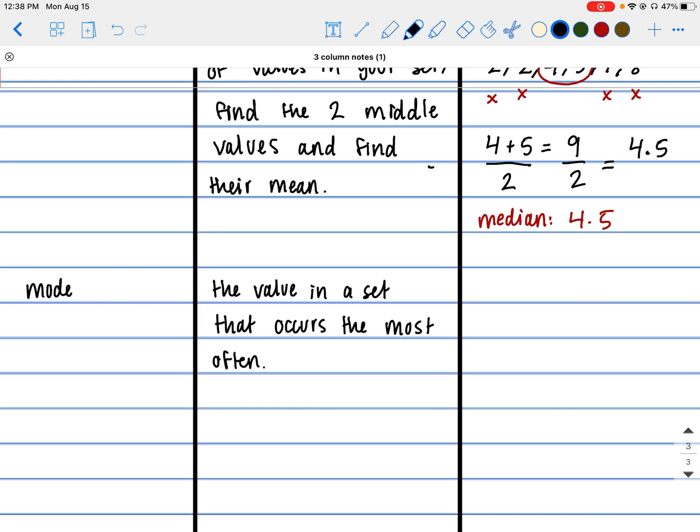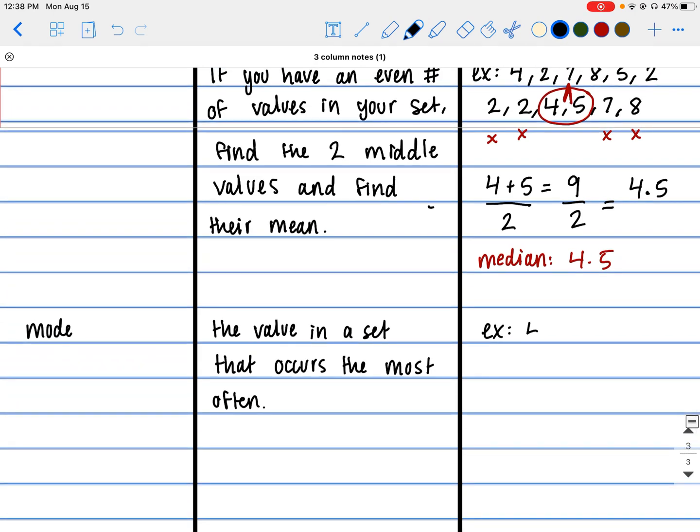All right, so let me use that same data set as an example, the one I just used. So we did 4, 2, 7, 8, 5. Okay, I'm going to start off with that original one. In this case, there is no mode because they all occur the same amount, right? They only occur once.